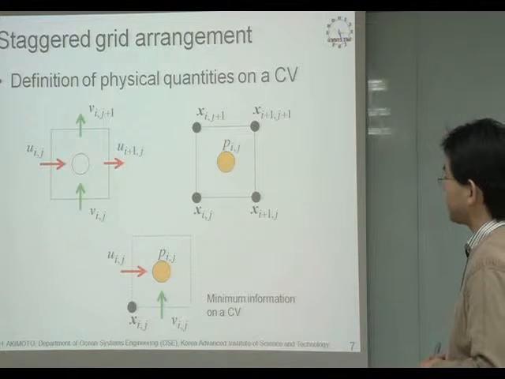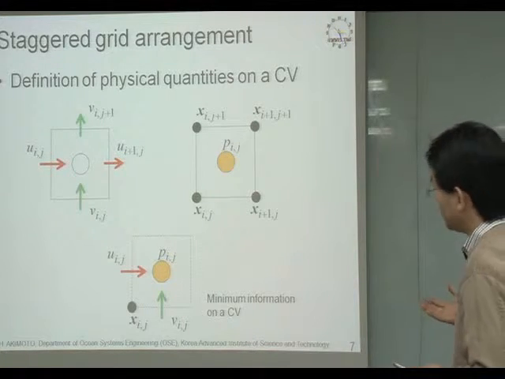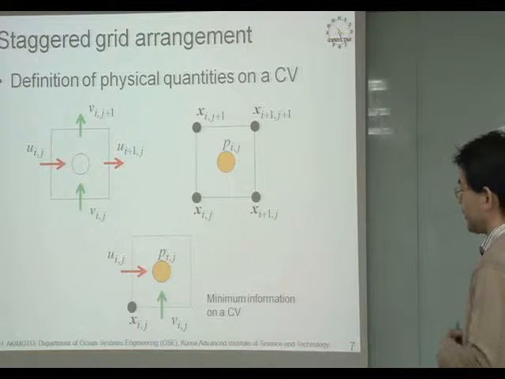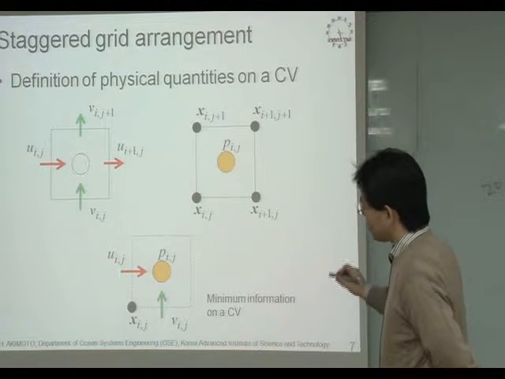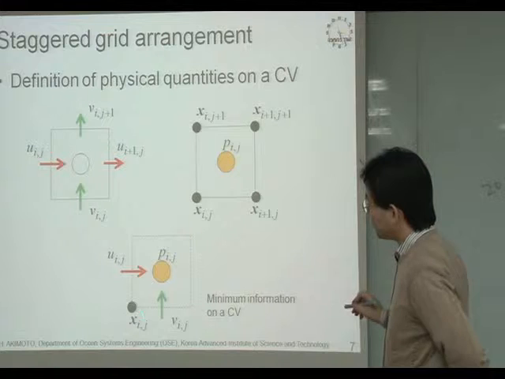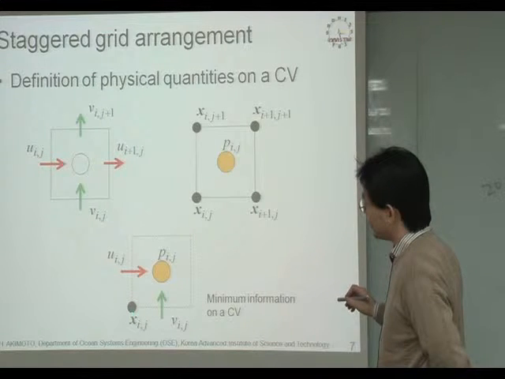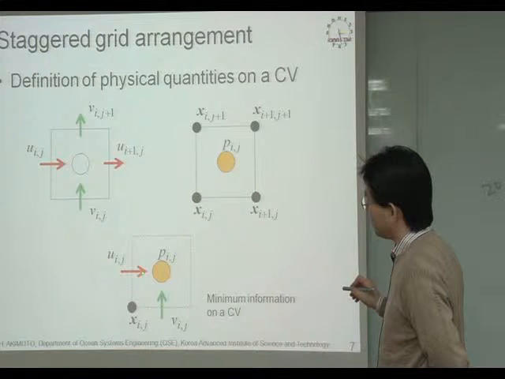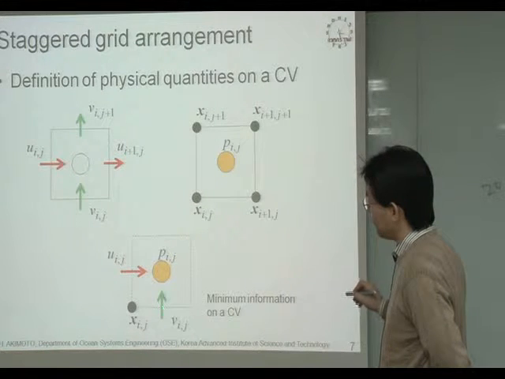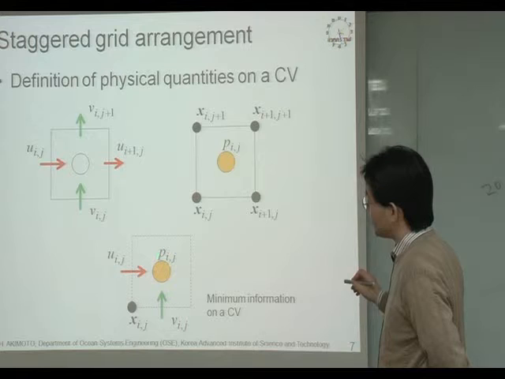However, the density of information is depicted like this. For one mesh point, the definition of velocity components is 2, and the pressure definition is 1 point.